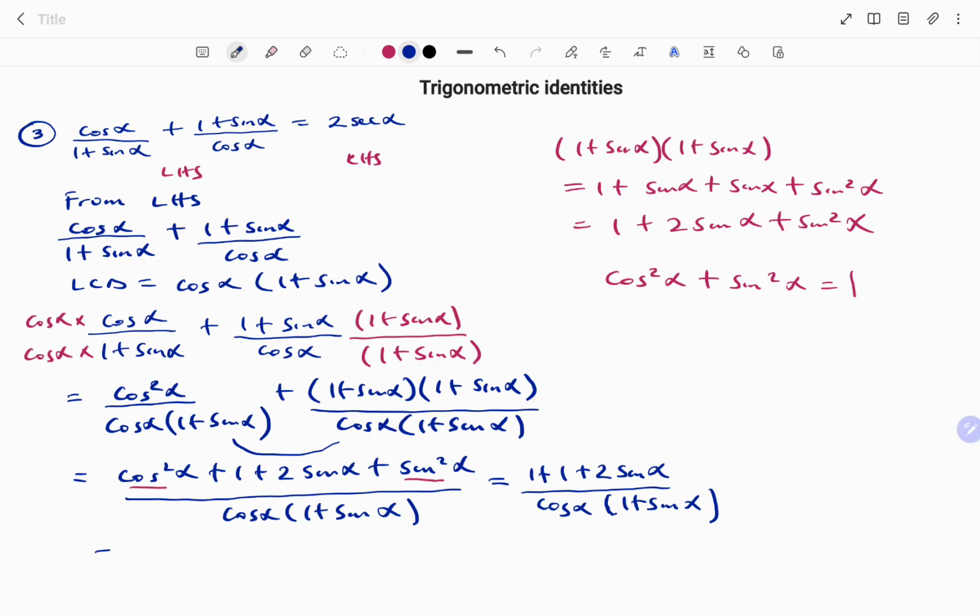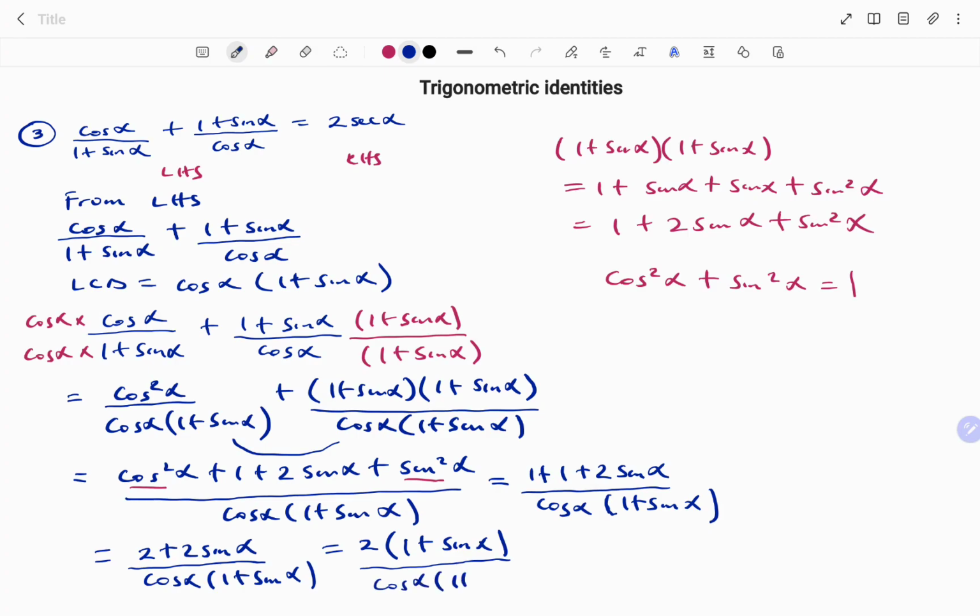This will give us 2, so that's equal to 2 plus 2 sine alpha over cos alpha in bracket 1 plus sine alpha. If we factorize the top, I'm taking 2 out. I have 1 plus sine alpha over cos alpha, 1 plus sine alpha.